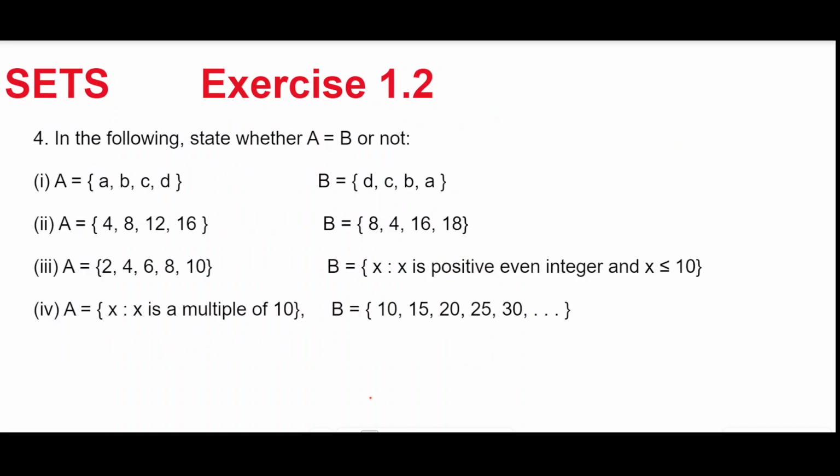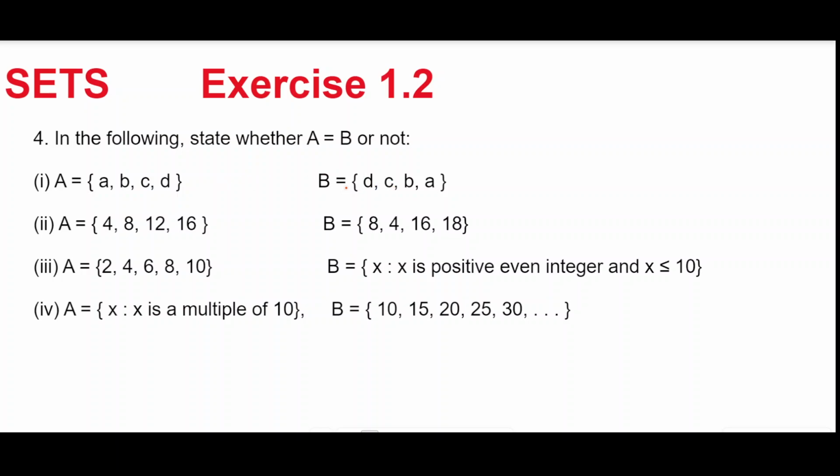Now the fourth question. In the following, state whether A equals B or not. In the first part, A equals {a, b, c, d} and B equals {d, c, b, a}. Here in A there are 4 elements, and in B there are 4 elements.